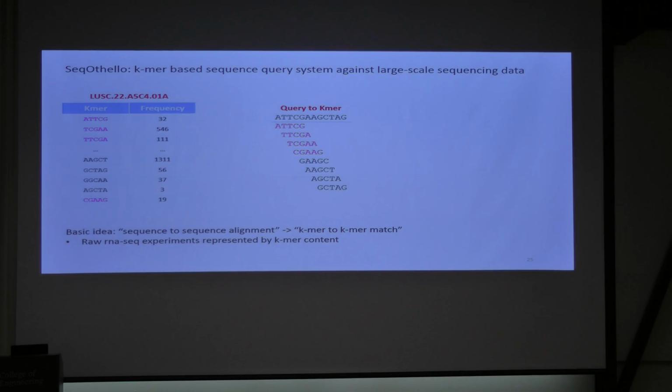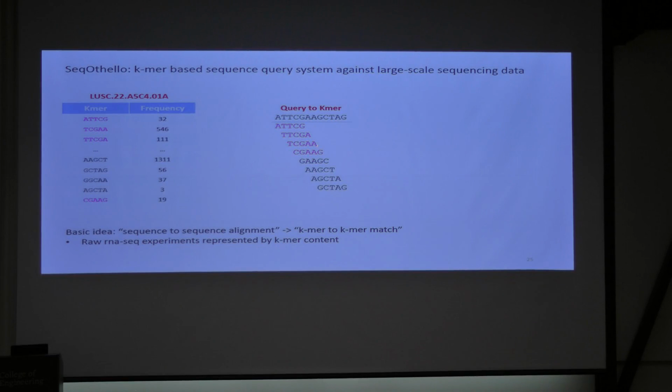For each data set, it contains tens to hundreds of millions of sequencing reads, and this data set can be represented by a list of k-mers. Each k-mer is basically a subsequence of a read with length k. For each data set, we can get a list of k-mers and their frequencies in this read sequencing data. And for a sequence we want to query, we can also get a list of k-mers.